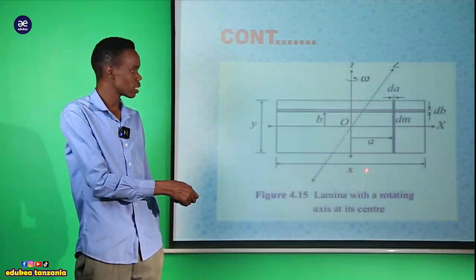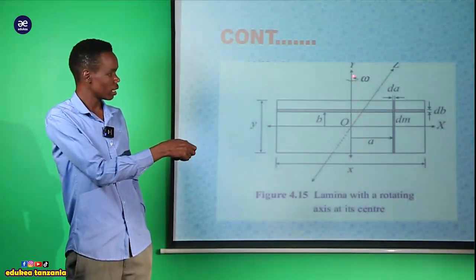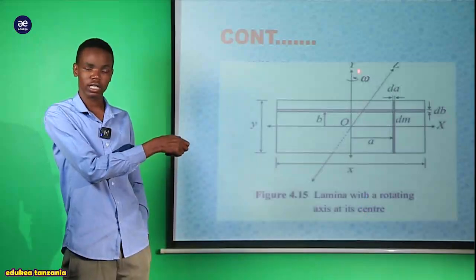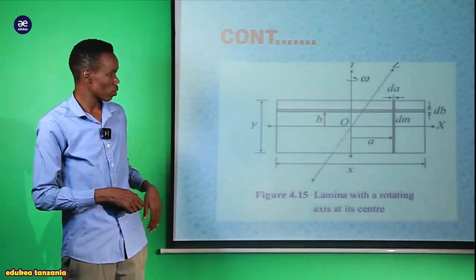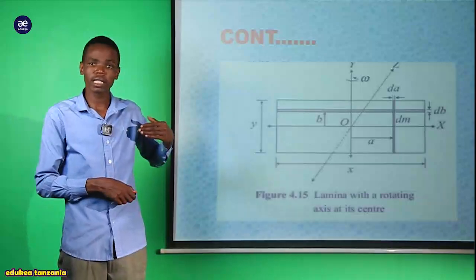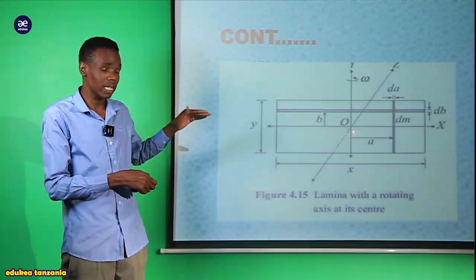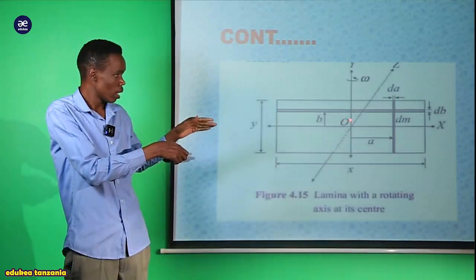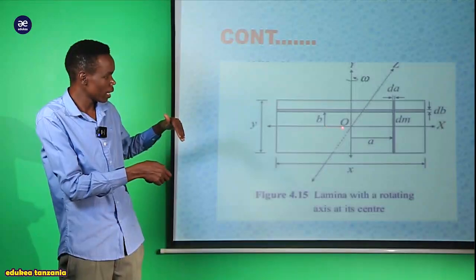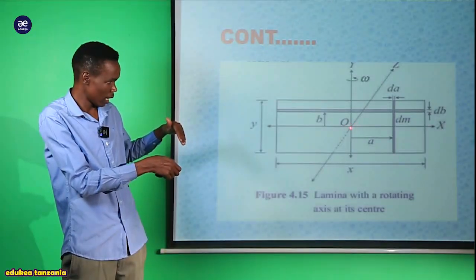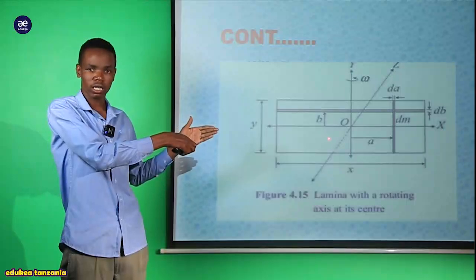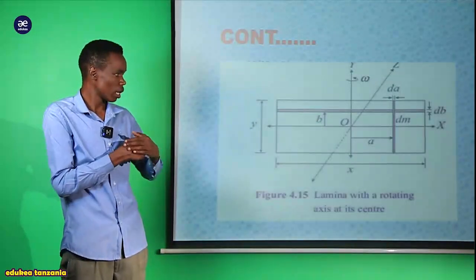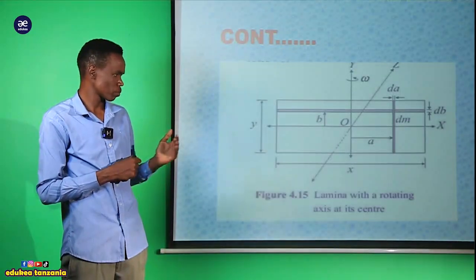Now we have the axis of rotation, which is xy, and this xy passes through the center O. The distance from this center O up to this point should be equal to b, as we demonstrate here.